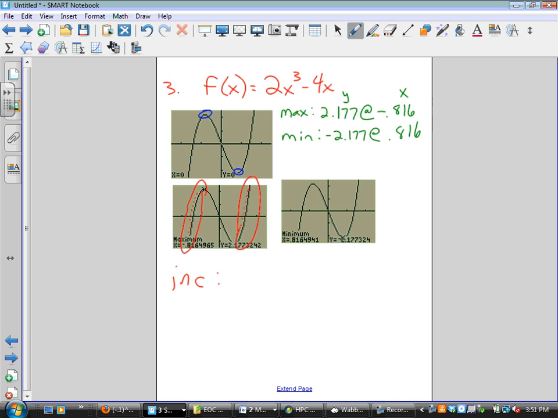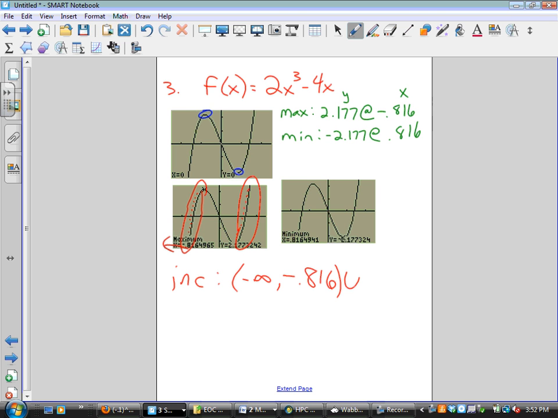Okay, so it is increasing between negative infinity, so all the way to the left, all the way until we get to the maximum, which is negative 0.816. But then it's also increasing from the minimum to infinity.